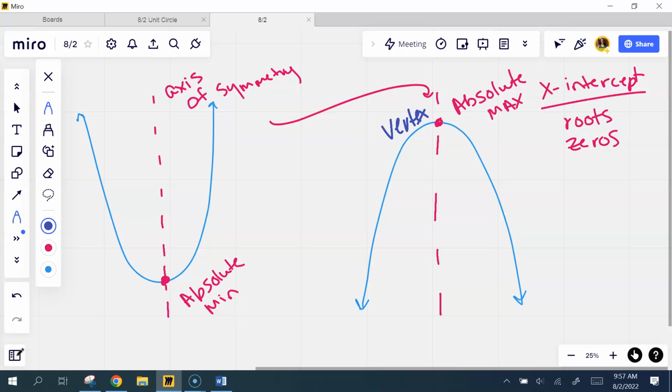And the vertex is a very, very, very important part of the parabola because it tells us lots of information. Everybody okay?